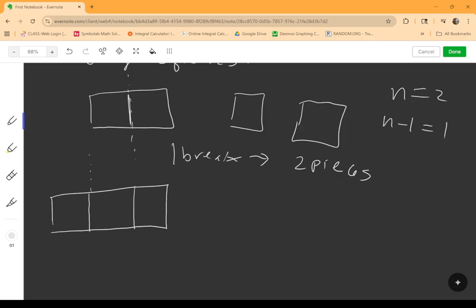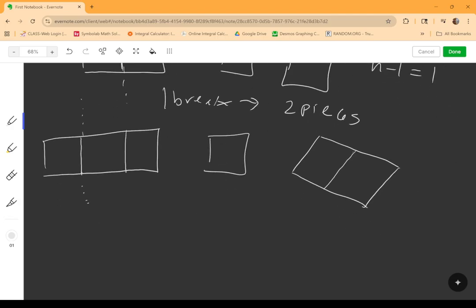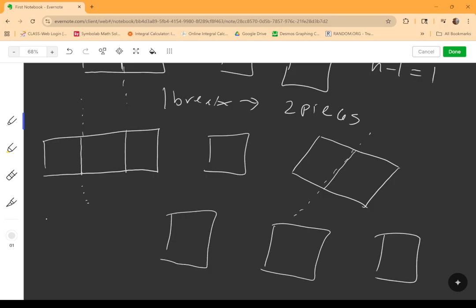If we look here, we have our first break, which leads us to 2 pieces, but those pieces are not equivalent, so we can keep going. We have a second break here, and now n is equal to 3 pieces, and we see that it took 2 breaks.